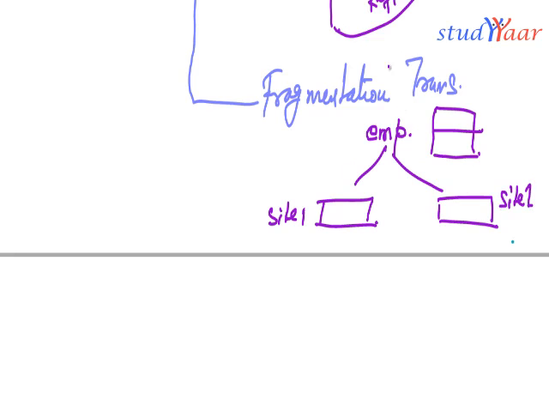This indicates that I have fragmented my employee table into an upper half and a lower half. What I'm basically doing is fragmenting my table into two or more fragments, and all these fragments are stored at different locations.